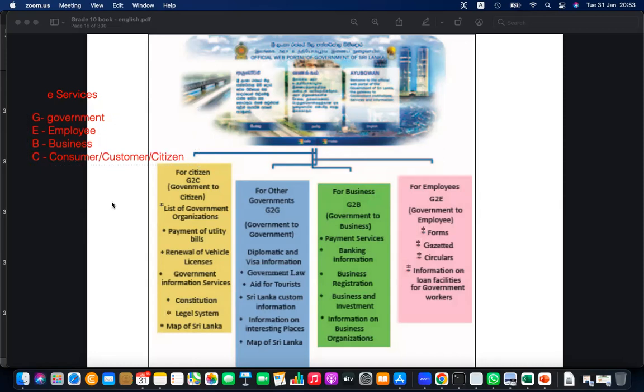That is C. So any e-service, okay, think about this. B2C e-service, what is that?